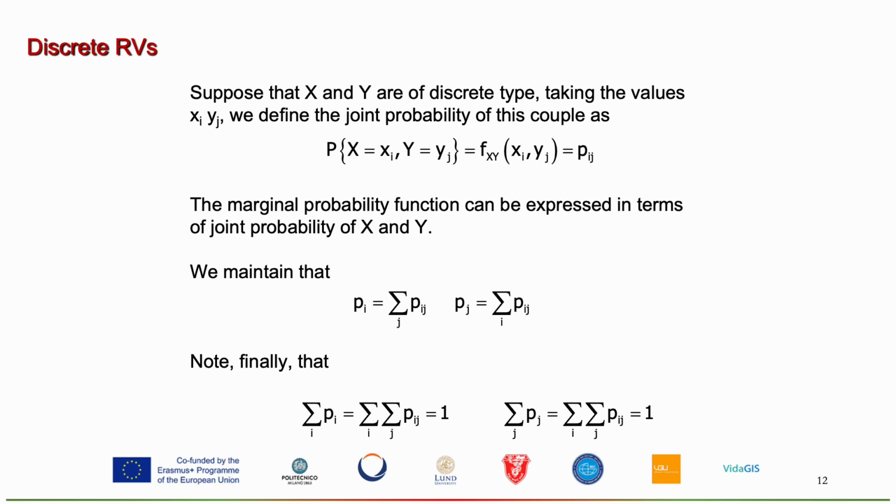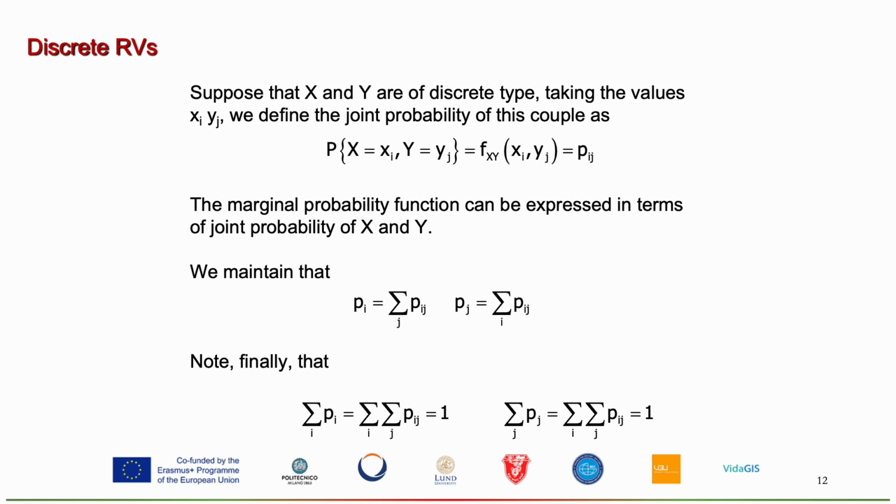On the contrary, if you want to compute the marginal probability function for y, you have that p_j is equal to the sum of p_ij over, in this case, all the possible values x_i and their probability.